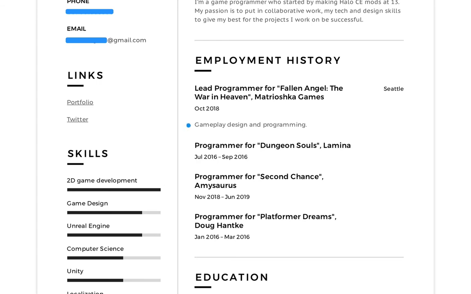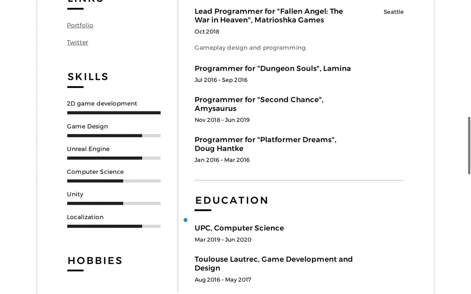So you'd say something like programmed A-star pathfinding algorithm for XYZ number of NPCs and XYZ number of graph nodes or whatever, right? So you want to give a lot more detail on what you did. So that's the most important thing there is this employment history.